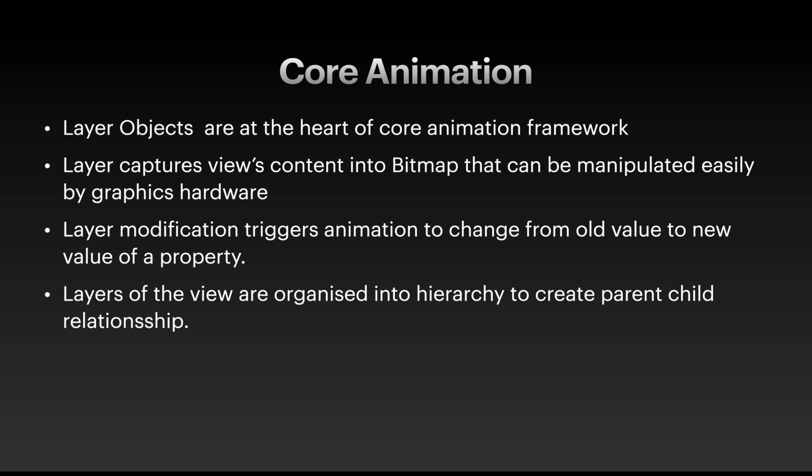So the layer object communicates to the graphic hardware, which actually does that change. We can make use of these layer objects to define our user interface, and the layer objects differ based on the type of the view.